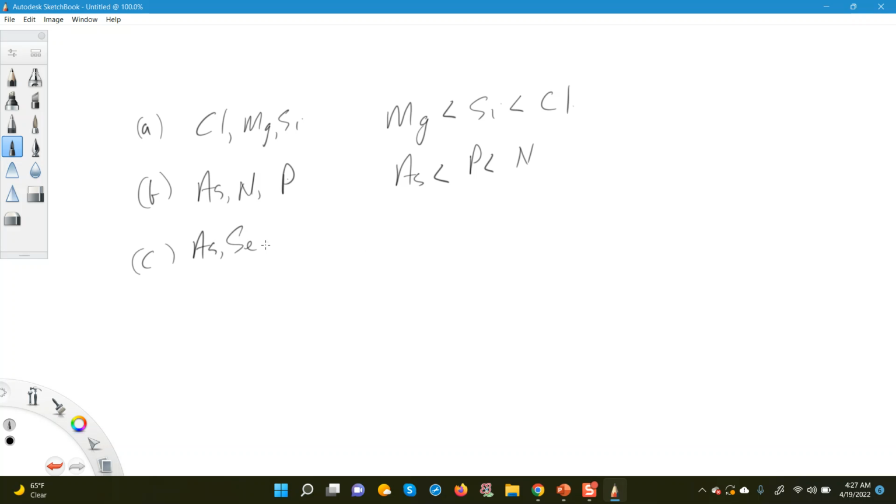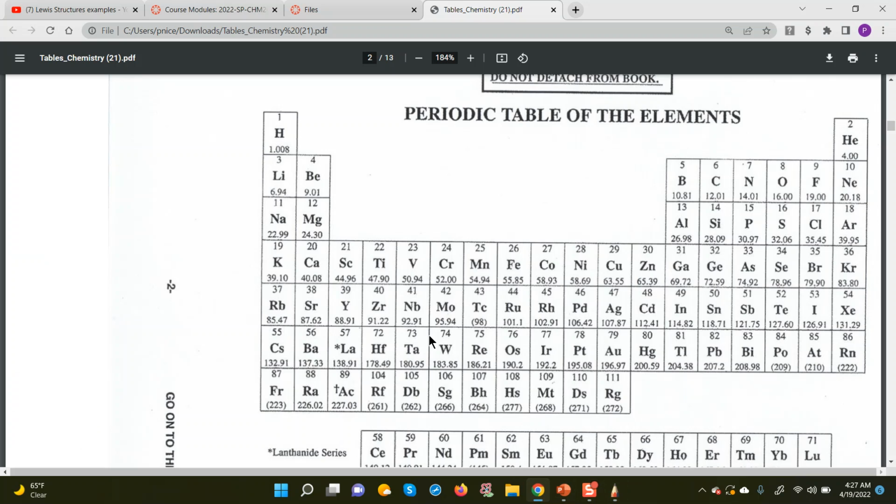selenium, and antimony. Going back to the periodic table, let's look at these elements. Arsenic is here, selenium is here, and antimony is directly below arsenic. So I would say that in this case, antimony would be the least electronegative element because going down the group it would be decreasing, followed by arsenic.